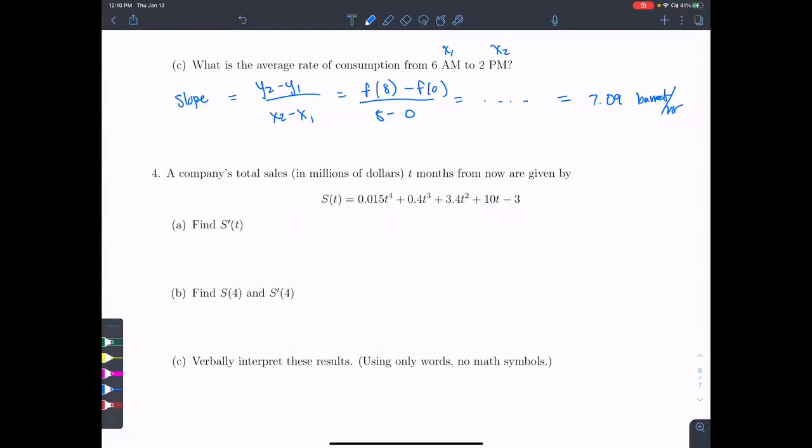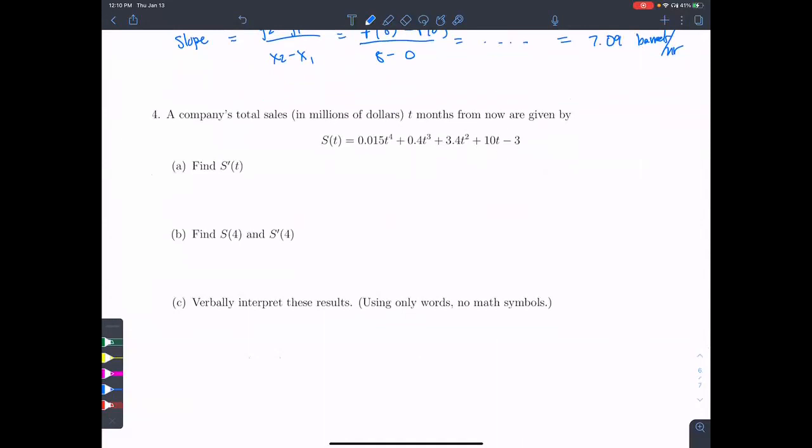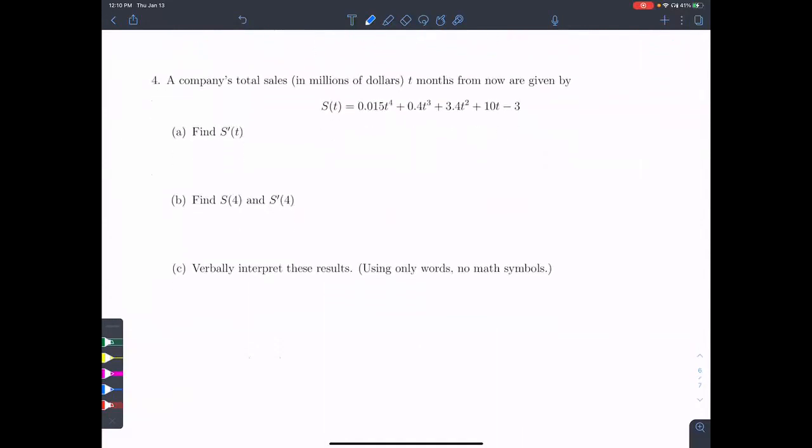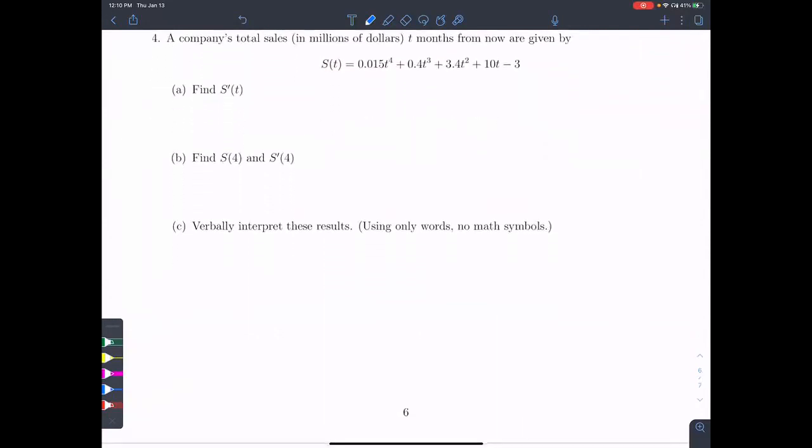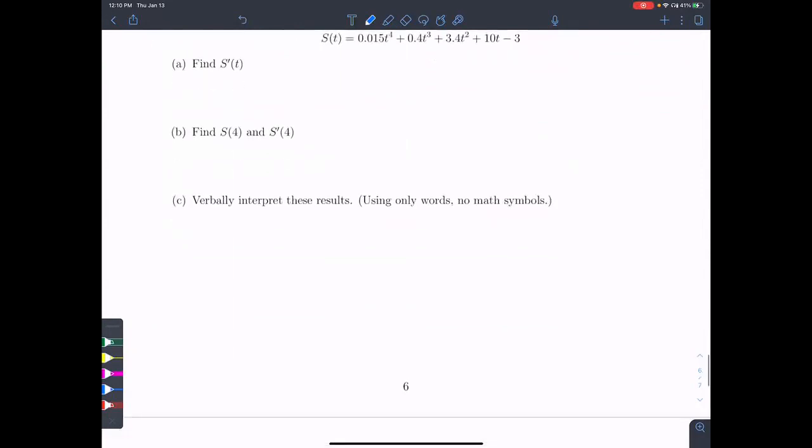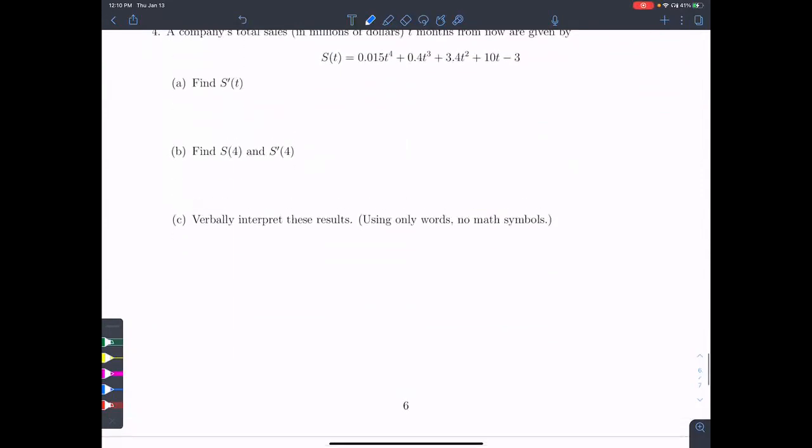A company's total sales in millions of dollars 2 months from now are given by this function. Find S and S prime for it, you can do that. Verbally interpret these results, in words, no math symbols.